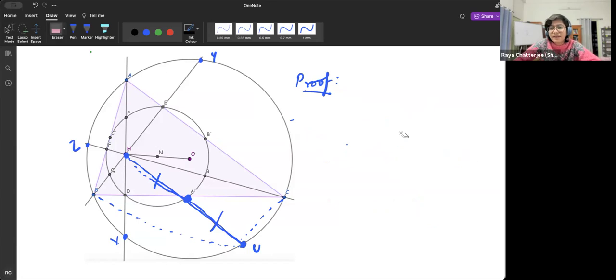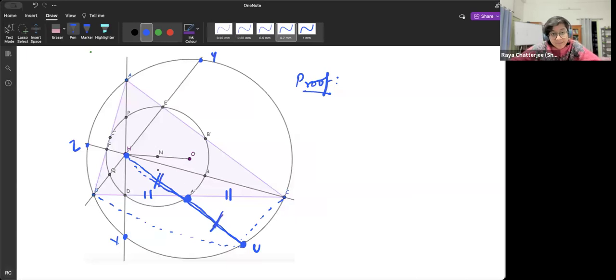Like someone said, U will be the antipode of A. So that is basically what we can go back to showing. It would be a bit more convenient. So yeah, let's do that. Since A prime is the midpoint of BC, we have BA prime equals A prime C.